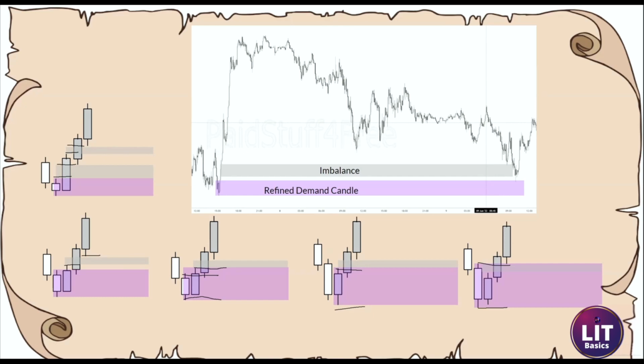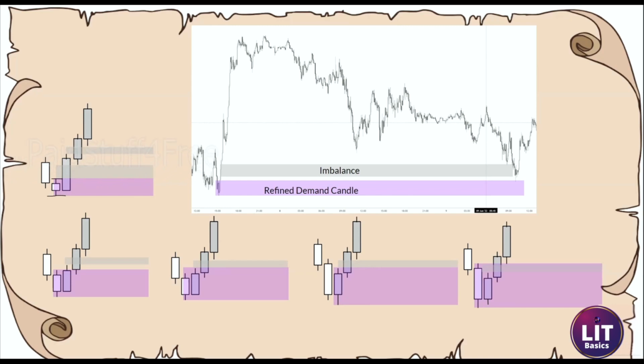As you can see, there's no ultimate guideline that you always have to use these specific candles, but there are multiple variations to it. As you can already see, we use the imbalance to find out what is the candle that price more technically probably has to fill, and then we use the candle below that, or we switch this around in the next slide to above that, and this is our so-called refined, in this case, demand candle.